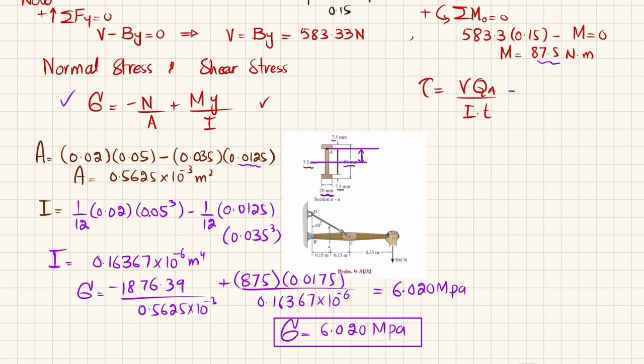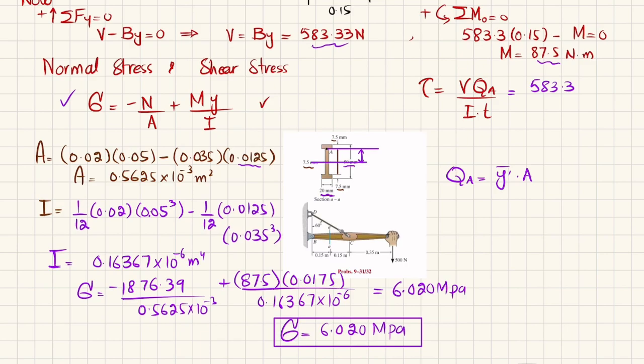So for shear stress, we need V. So V is 583.3. And what about QA? So QA is equal to y dash bar into area. So you can see A is this point. So above A, this is the area. And this area is 20 by 7.5.